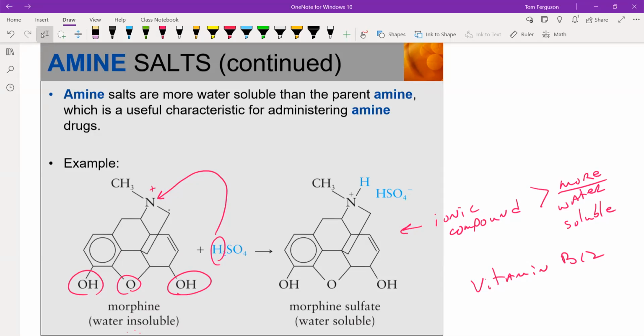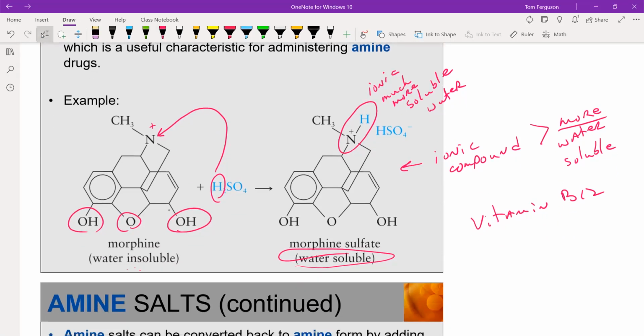Because an ionic compound is much more polar and soluble in water, frequently drug manufacturers will make any group that can become polarized, like forming an ion, to make it more water soluble. And this example here is morphine.